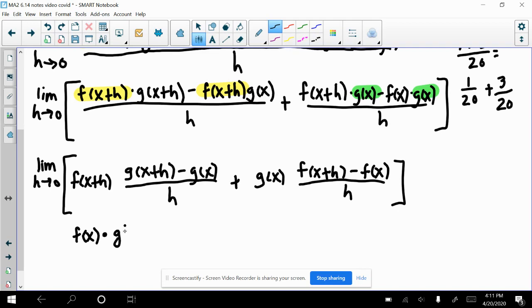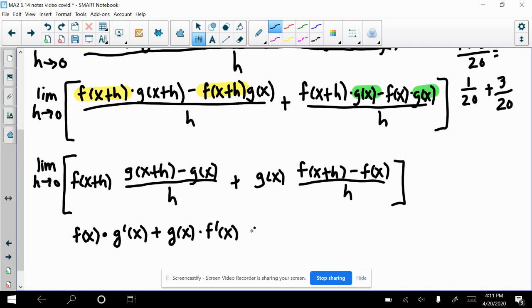That would be g prime of x. Plus g of x, letting h go to 0, well, there is no h here, so it would just still be g of x, times this part, the limit as h goes to 0 of f of x plus h minus f of x over h. Well, that's just the derivative of f.